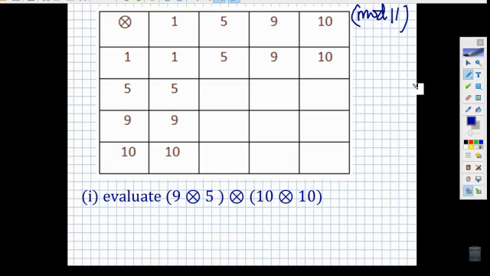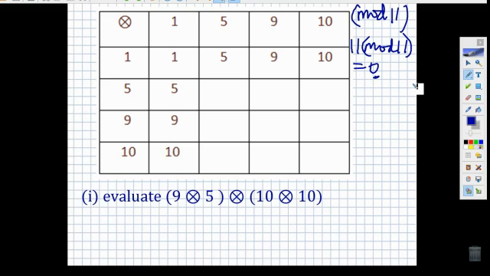So you should know that 11 in mod 11 is actually equal to 0. At the count of 11, the counting reverts to 0.